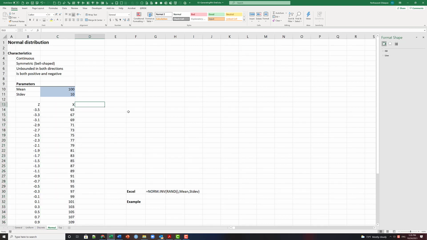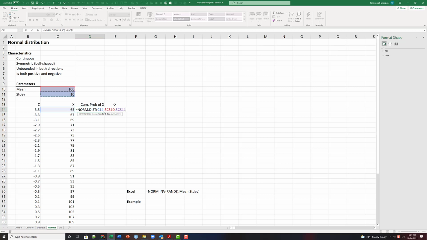Now the corresponding probability is, so now we have the cumulative probability of x. So let's use the NORM.DIST function. You provide the x value and then the mean, and we need to absolute reference that.